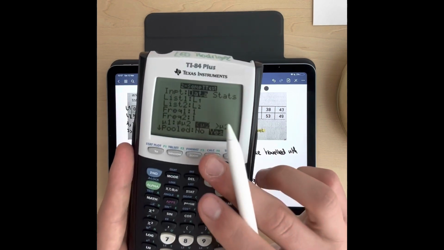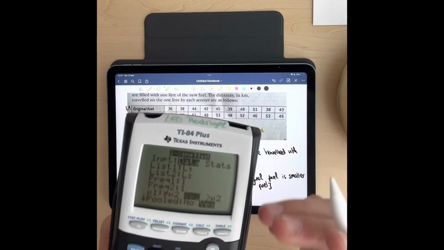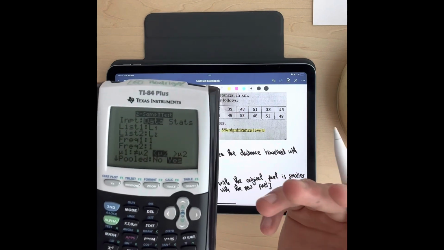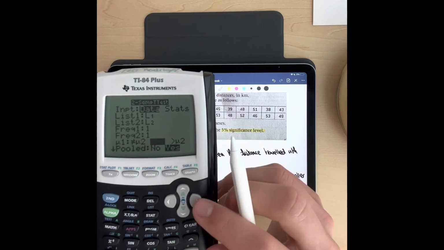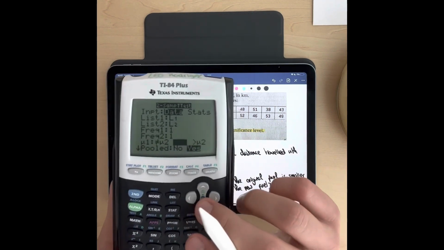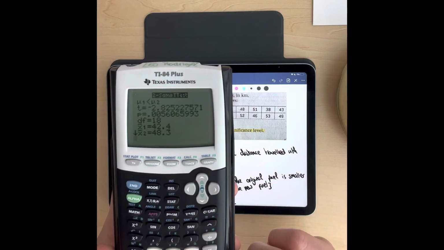So again, the middle one, right? If we're actually trying to prove that the original fuel runs for longer than the new fuel, which would make no sense, but let's imagine that scenario, then we would click U2, okay, as the new value. X2 would be, yeah, so we would choose this one, but in this case it's U2. So we click calculate and we get the answers.